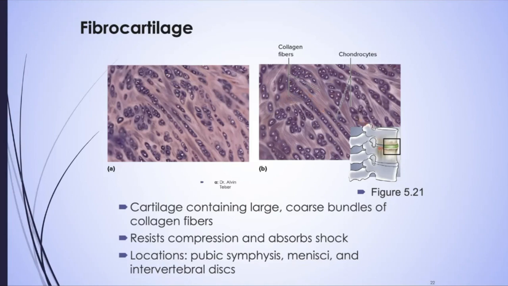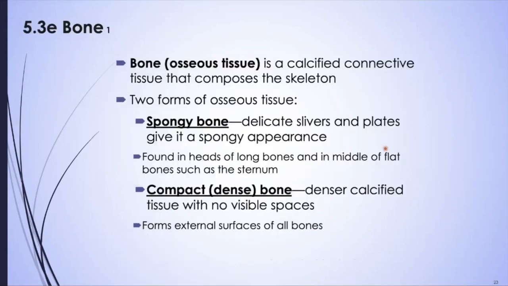This is for absorption of shock and resisting compression. So it is going to be more compactly made up, but still we don't want it so compact that it doesn't absorb that shock. All righty, moving on to the next type of connective tissue.